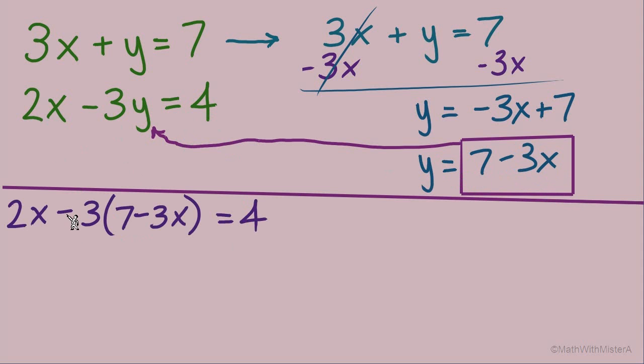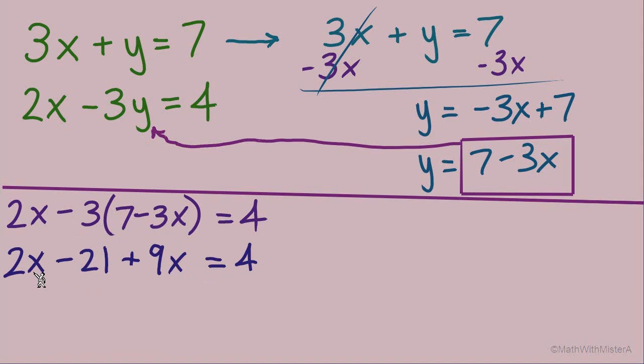Now we have a careful distribute because we have a negative 3 coefficient. So 2x minus 21, and then the negative 3 times negative 3x will make a positive 9x equals 4. Careful with the distribute there.